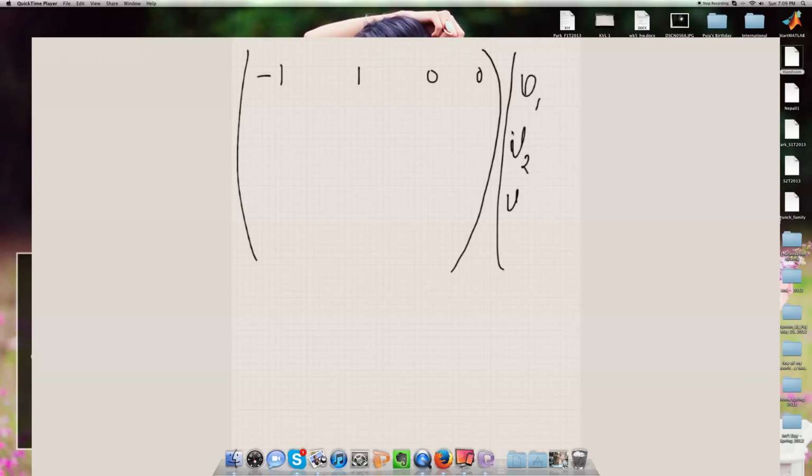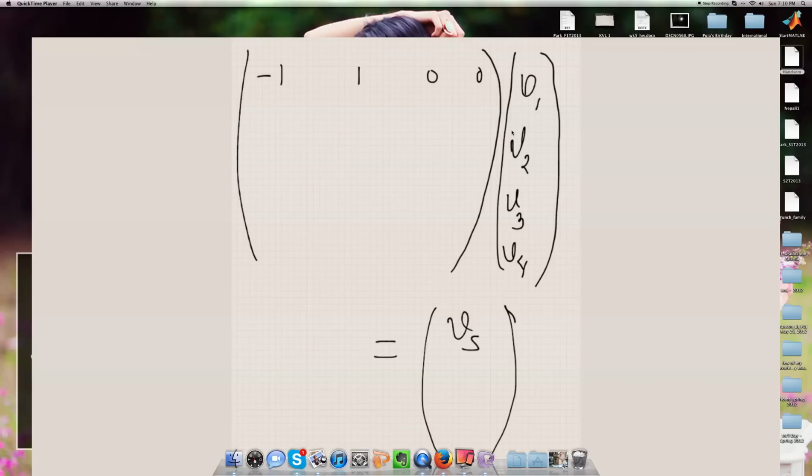V sub 2 and V sub 3 and V sub 4 equals, okay, I'm going to draw this thing here. The source vector on the right side. Well, on the top we will have what now? V sub s.